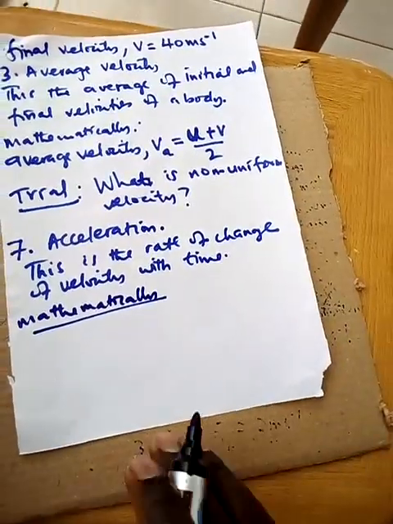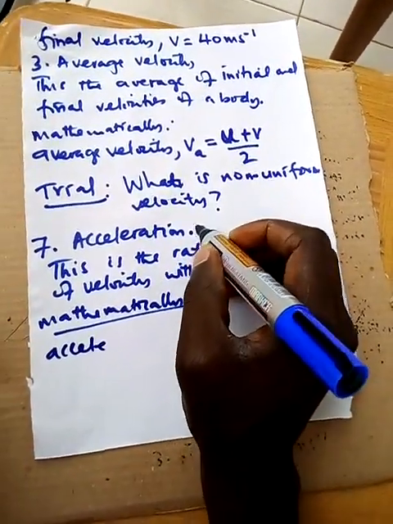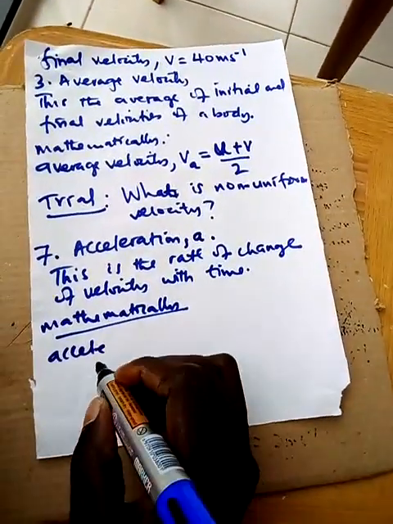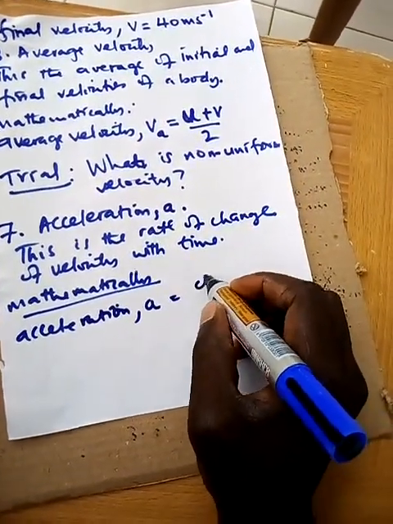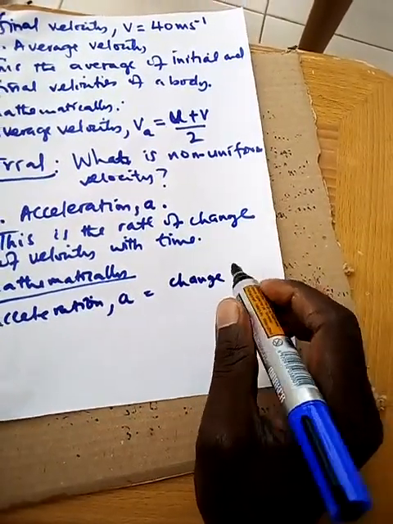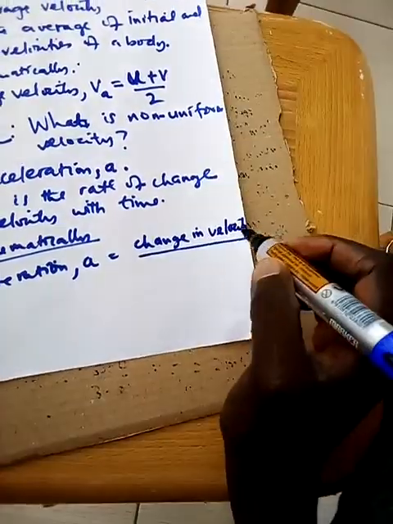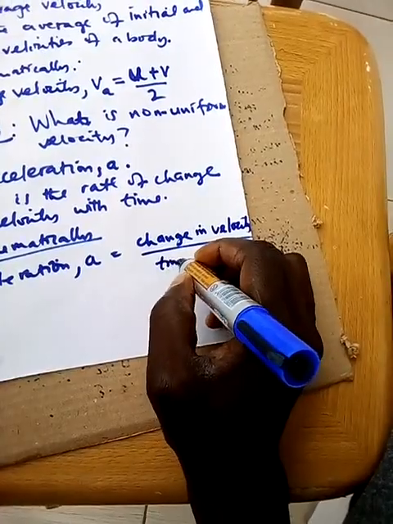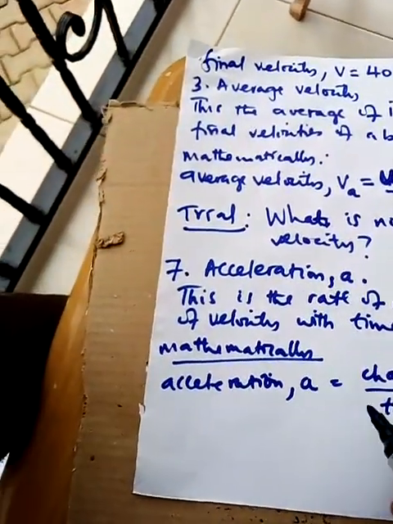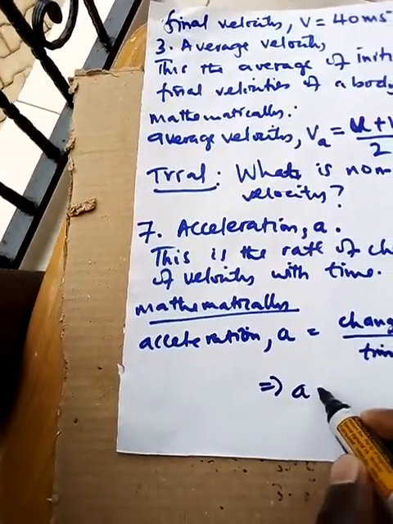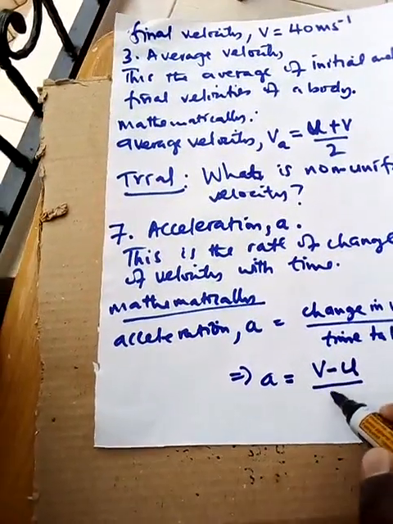Mathematically, what am I trying to mean? We would say acceleration is denoted by letter A. Acceleration, A, is equal to change in velocity over time taken. Over time taken, I mean the time taken for the change. And in most cases, we always say acceleration is final velocity minus initial velocity divided by time.